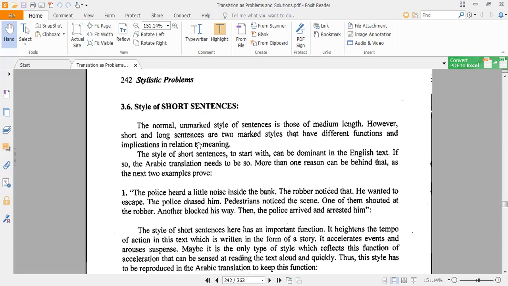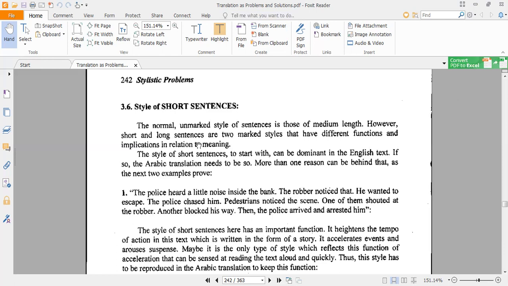Long sentences, this is the first style. The second style, short sentences. And the third style is medium sentences, I mean sentences with medium length. They are not so short, and they are not so long. Their length is medium.